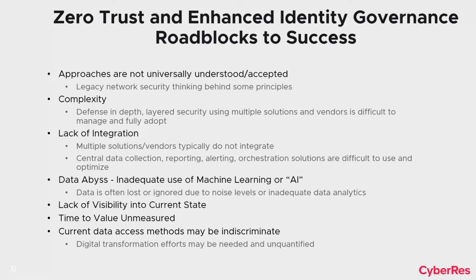Also, this is a complex operation. We're basically turning traditional network security on its head, right? We now want to be very prescriptive about who gets to what data and how, and before we didn't do that. So to be able to manage that kind of defense in depth and those layers of security using multiple solutions, multiple vendors, that can be quite a juggling act, and quite often an impossible juggling act.